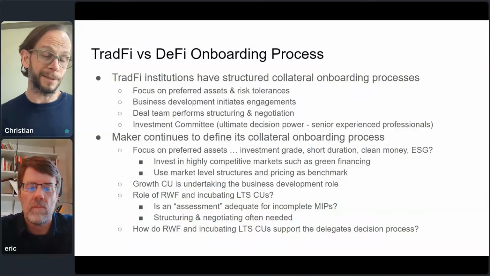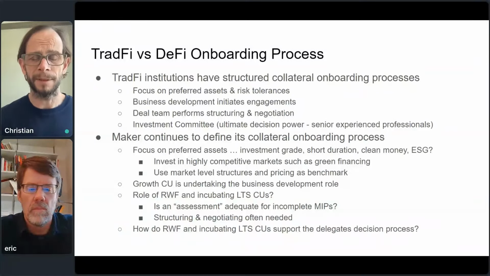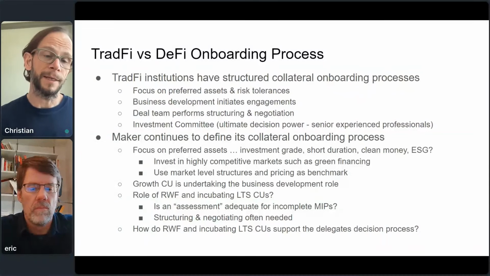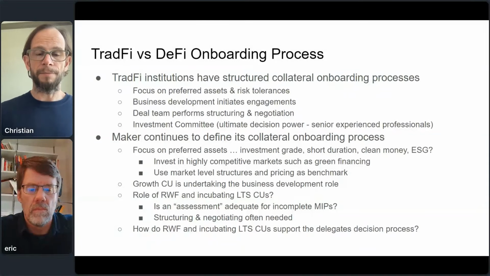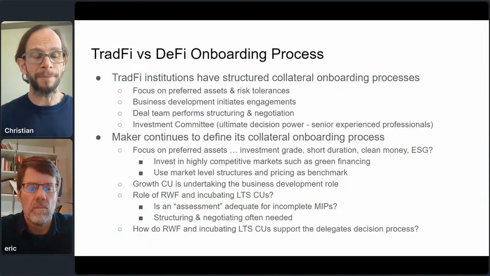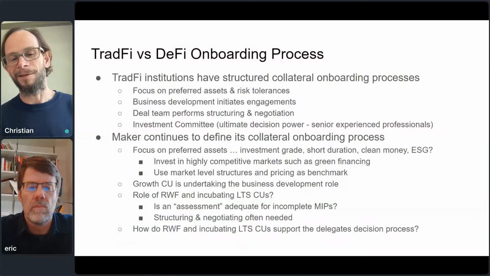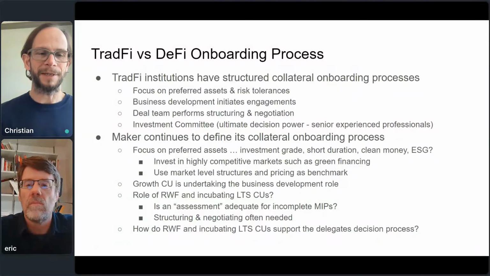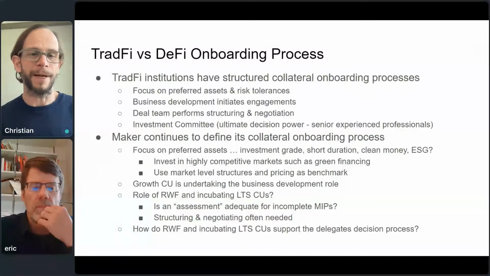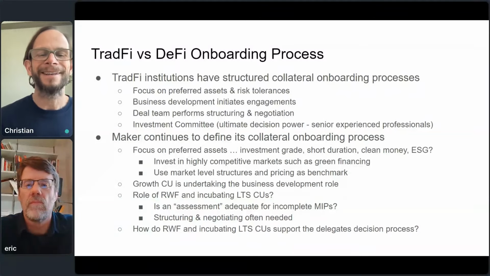We are using sessions like this to find a way to communicate with the community and with delegates, through multiple means. Some people absorb information better in writing. Some people absorb information better in a presentation. If it's in writing, is it a memo? Is it a slide?